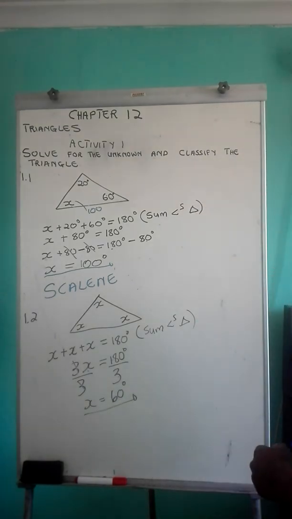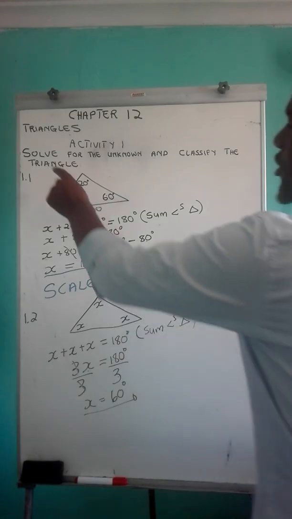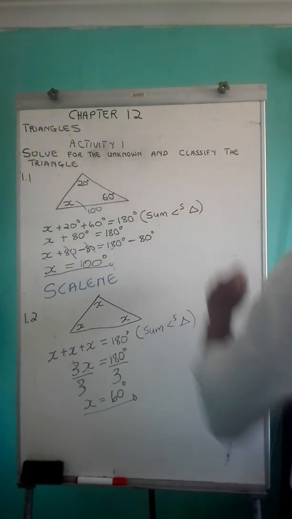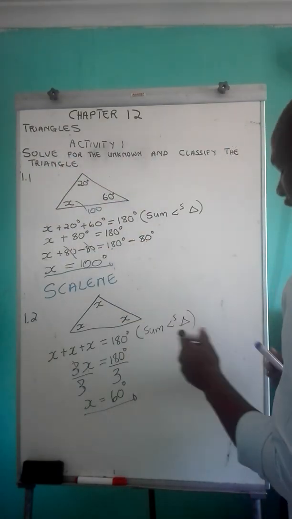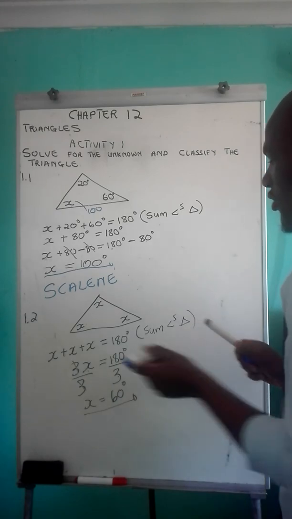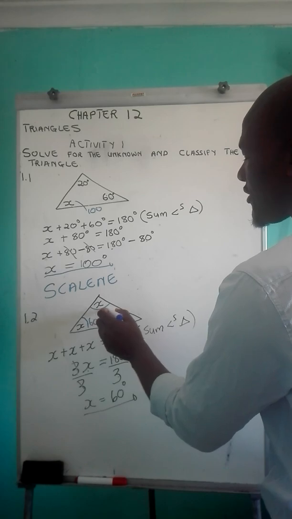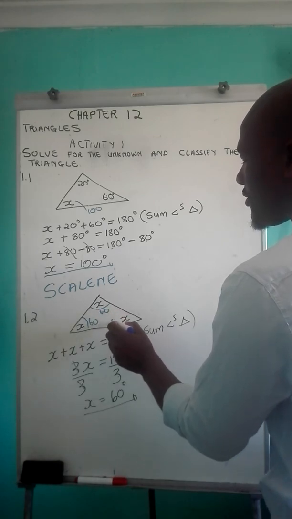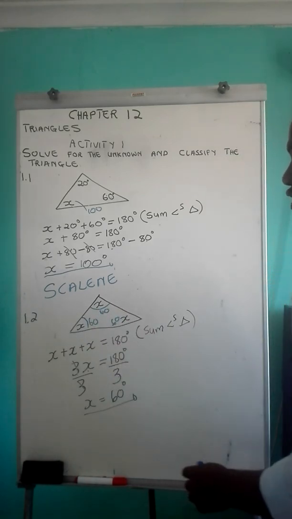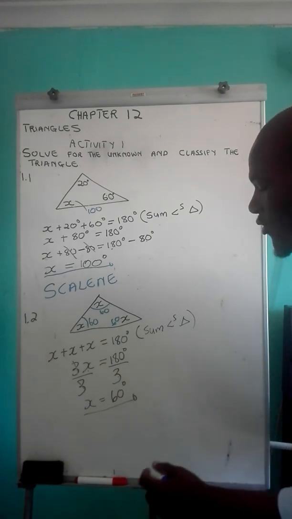Now you know the unknown. Solve for the unknown. So I know each x is 60 degrees. I know this is 60, this is 60, this is 60. Sub in. So all angles are equal.